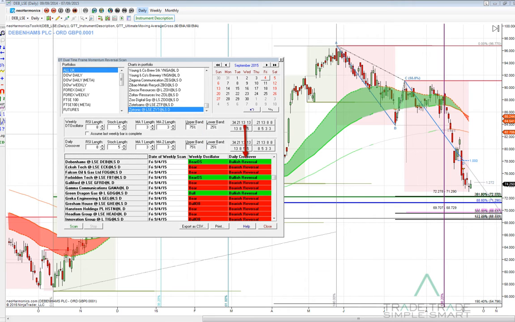So in terms of the weekly, we'll be expecting price to be trading sideways to up over the next few weeks, and as we've seen a bullish reversal on the daily time frame, we'll be expecting prices to be trading sideways to up over the next few days.